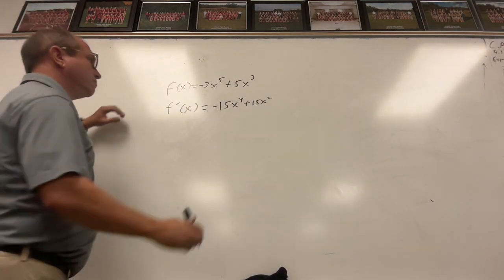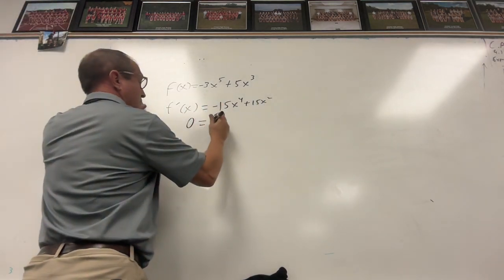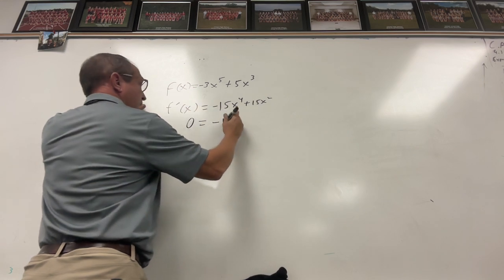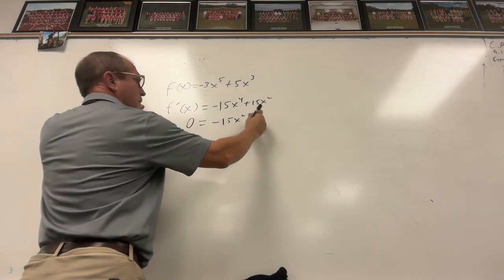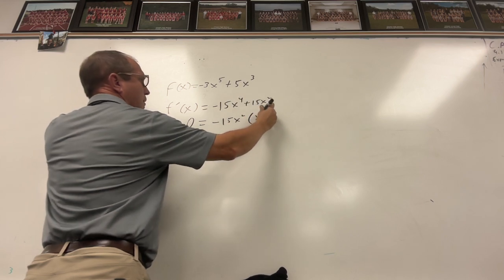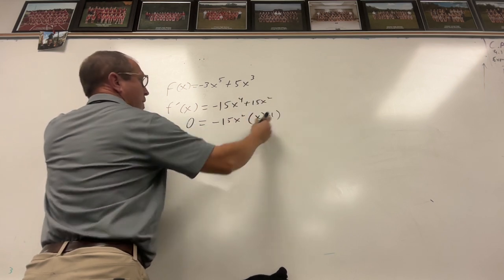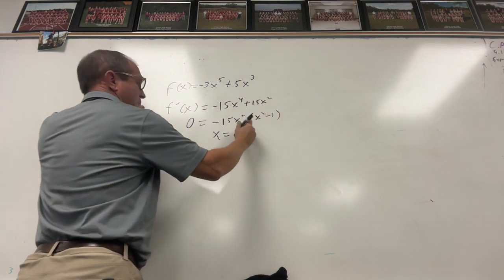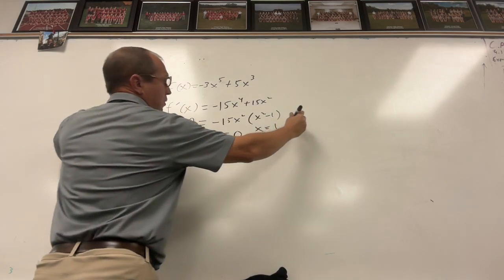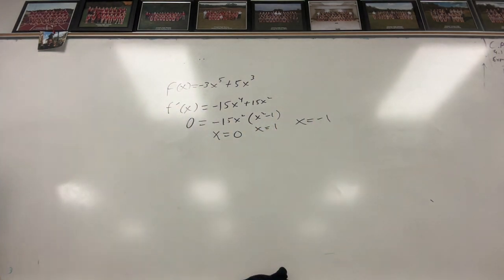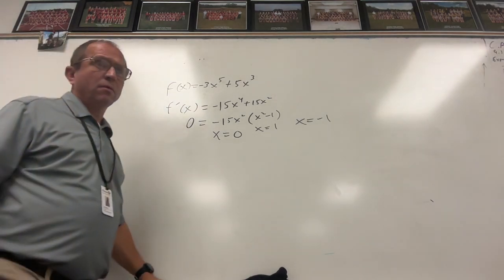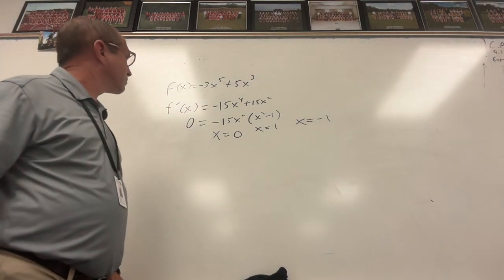And from that, set equal to 0, I can factor out a negative 15x squared. And I would be left with x squared minus 1. So I get x equals 0, x equals 1, and x equals negative 1. Now these are my potential critical numbers.